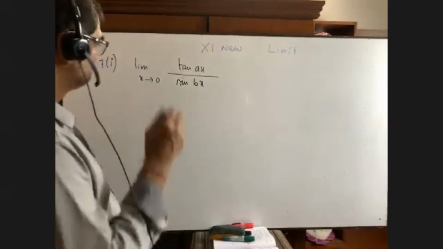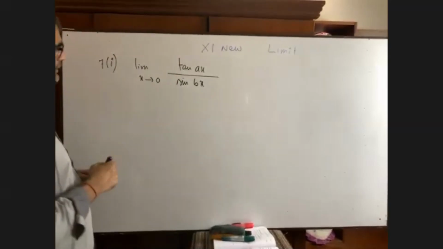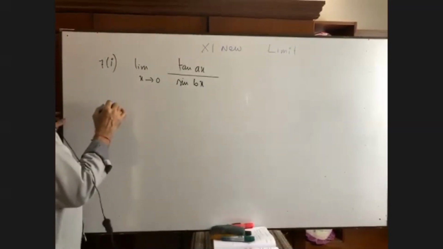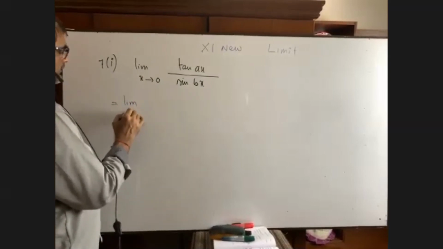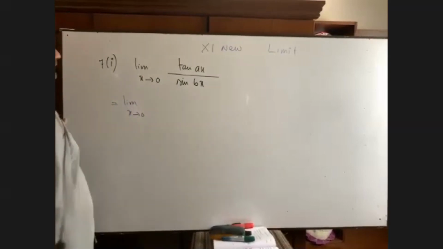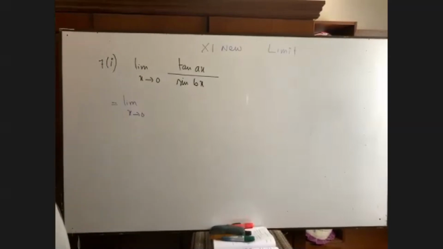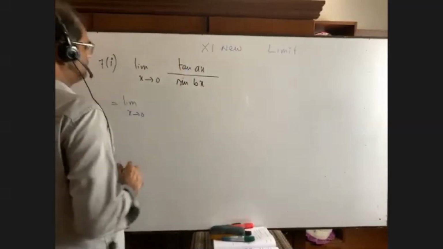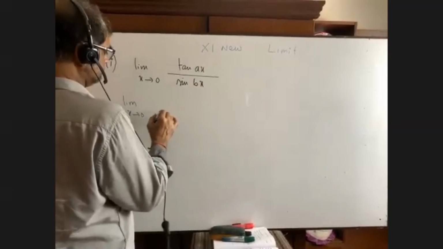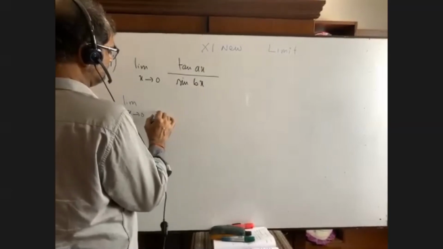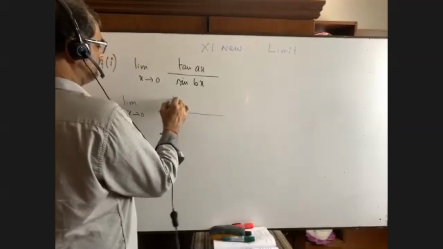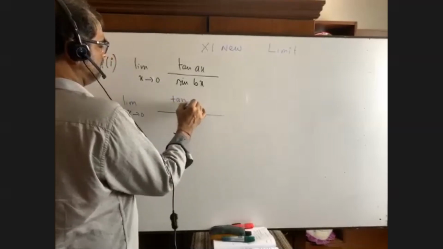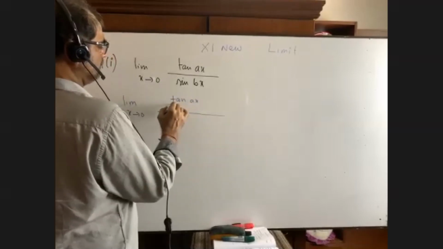So please try to understand. Limit x tends to 0. What should we do? What do I need here? Can I do this type of math: tan x by x?